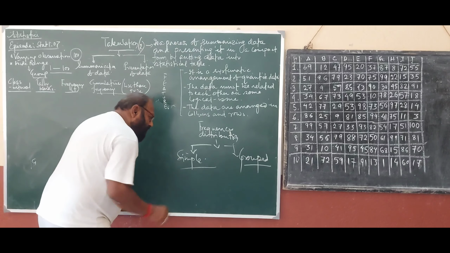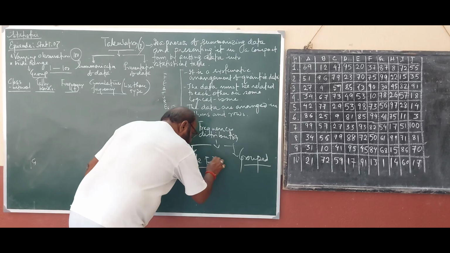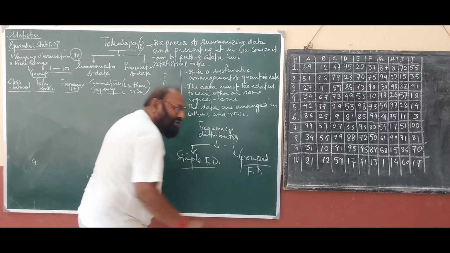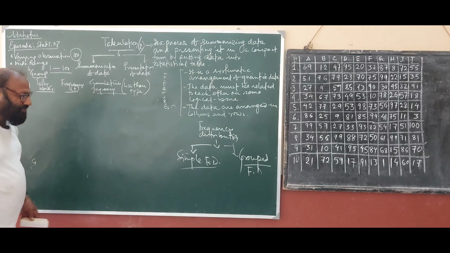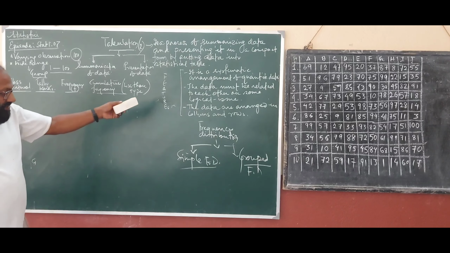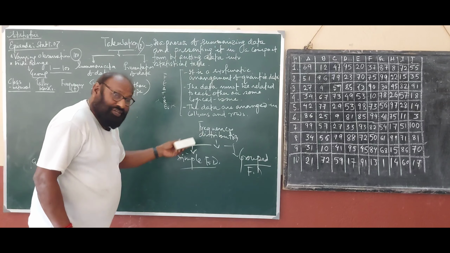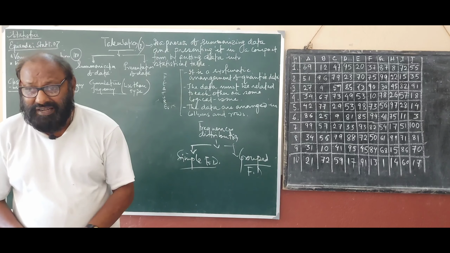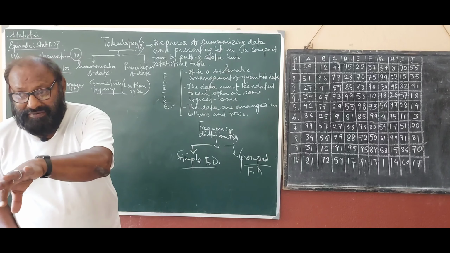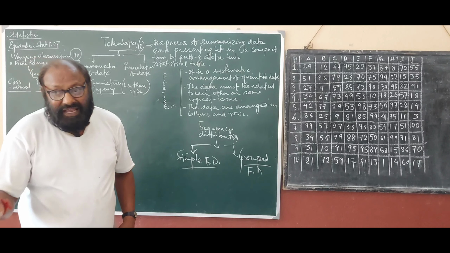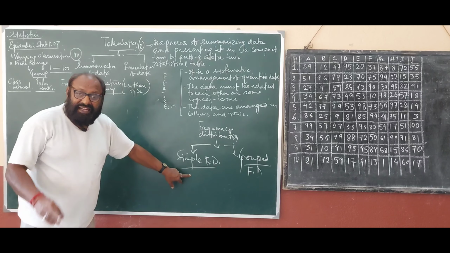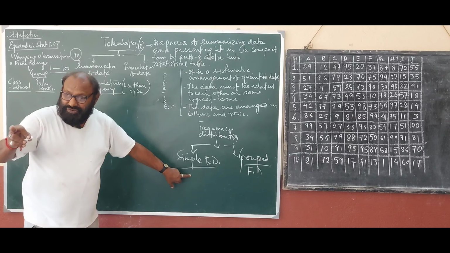Okay, simple FD, FD does not mean fixed deposit, FD means frequency distribution. So look, what I have told you, do you know what frequency distribution is? Frequency distribution is basically a tabular presentation of the data along with the number of times they occur. Clear? Now whenever we are taking the individual item, that is known as single frequency distribution.